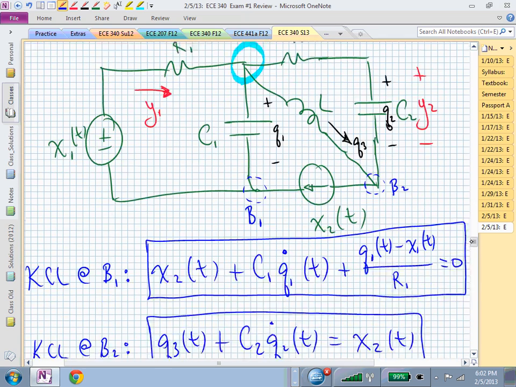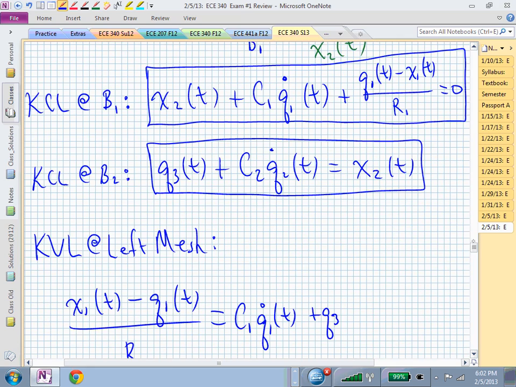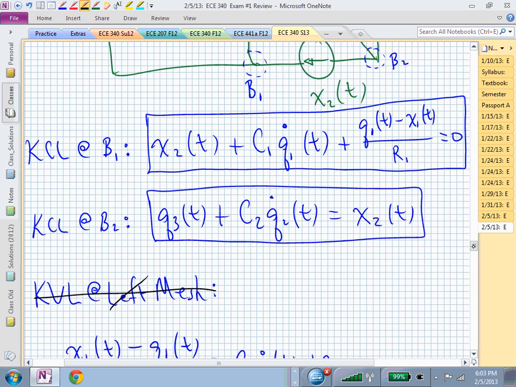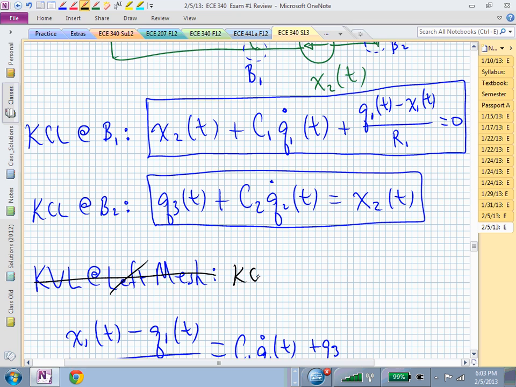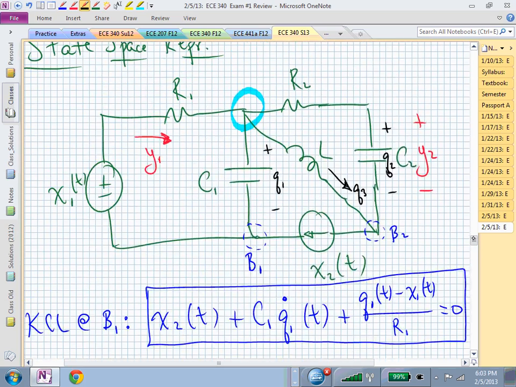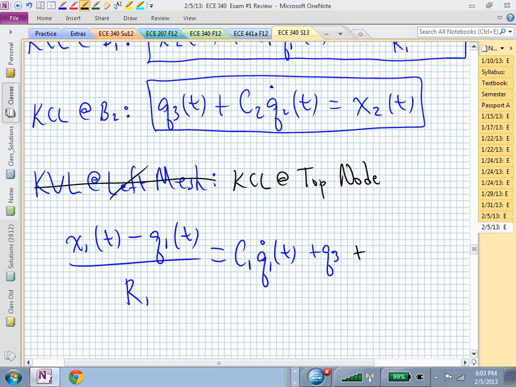So I really wouldn't want to do the left mesh actually. I'm not doing that right now. I'm actually doing KCL at top node plus Q sub 3 plus C sub 2 Q sub 2 dot of t.